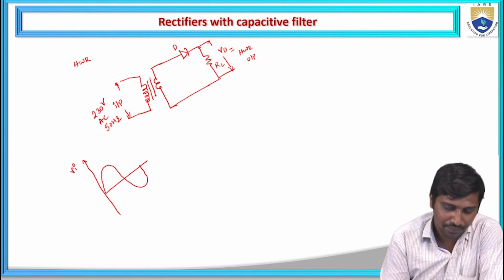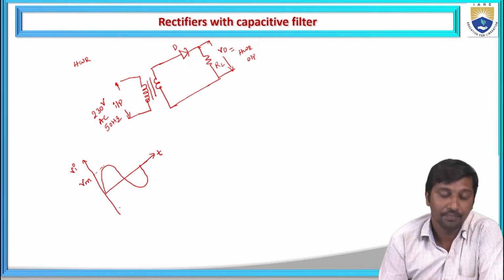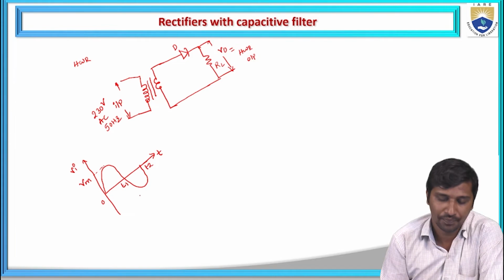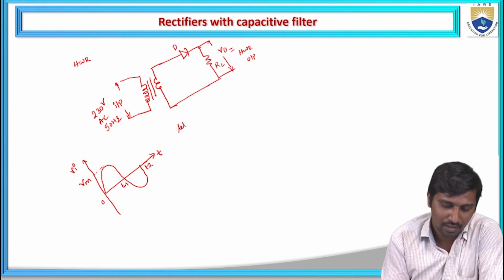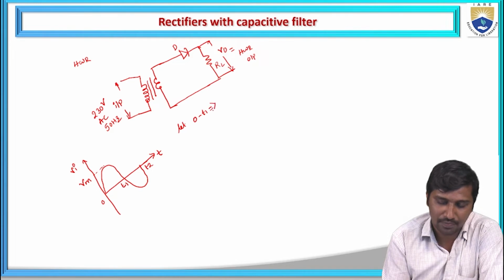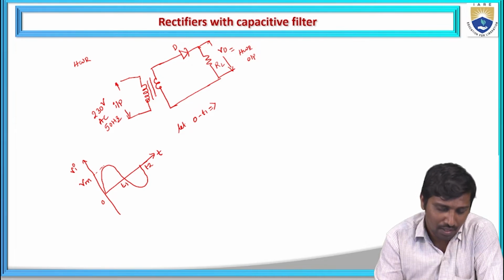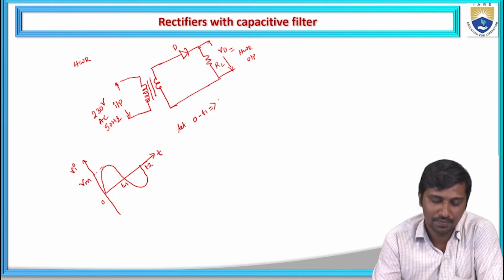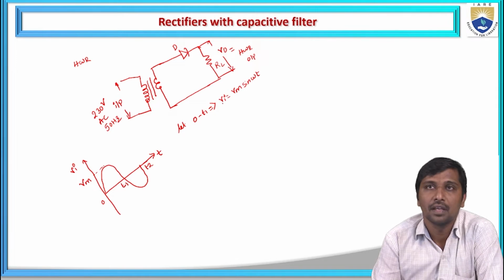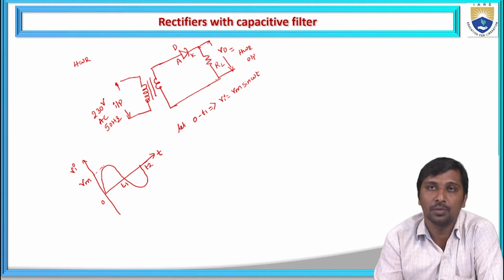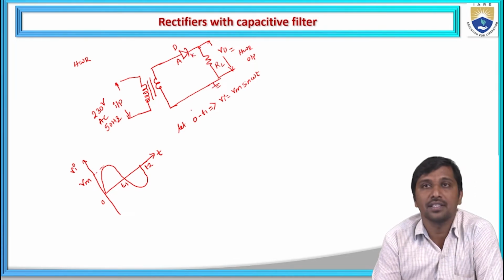Let us take this as Vi, and the input signal varies with respect to time, with peak value represented as Vm, over the durations 0 to t1 and t1 to t2. In the 0 to t1 duration, when we pass this input signal through the transformer, Vi is represented as Vm sine omega t, and this signal is passing through the anode of D, and the cathode is connected to the load resistance with respect to the ground potential.